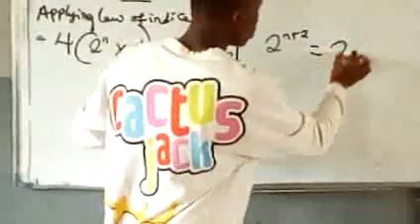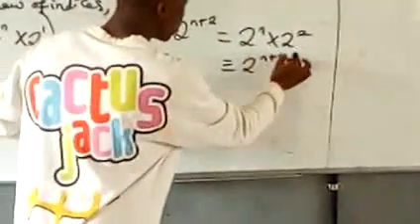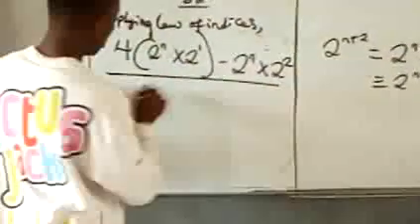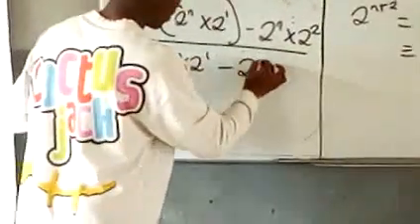So it equals 2 raised to the power n times 2 raised to the power 2, which will give you 2 raised to the power n plus 2. So you bring it out to its original state, which is 2 raised to the power n times 2 raised to the power 2, all over 2 raised to the power n times 2 raised to the power 1 minus 2 raised to the power n.